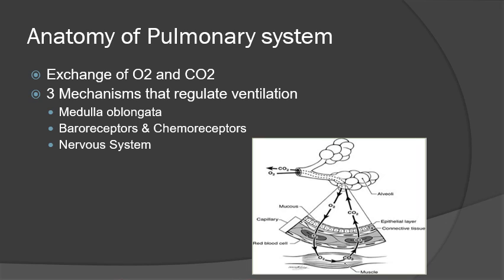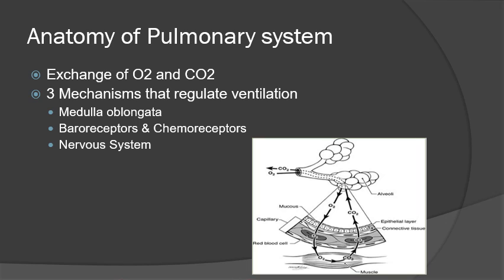Carbon dioxide and most metabolic byproducts in the blood are acidic, and that's going to cause blood pH to decrease. So low blood pH is going to stimulate the breathing centers in the medulla oblongata, which is going to increase your ventilation rate and depth, and that's going to balance out and raise that pH level.